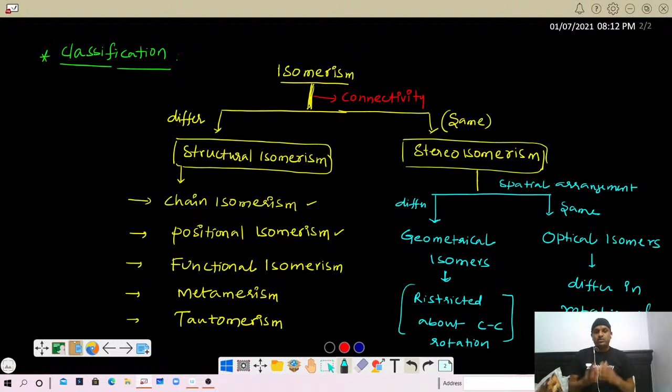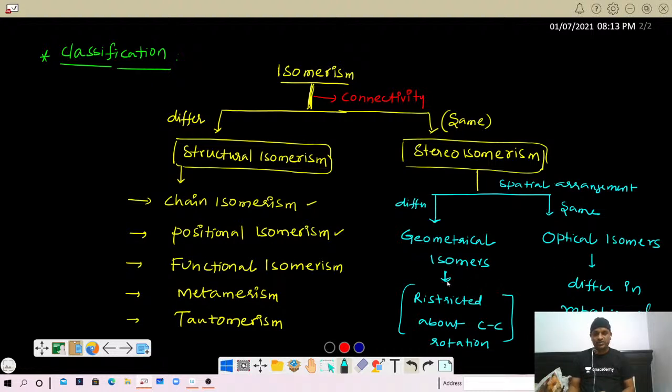Alright. So if you look at isomerism, isomers are divided mainly into two types, structural isomers and stereoisomers. Structural isomers are further classified into chain isomers, positional isomers, functional isomers, metamers, and tautomers. Stereoisomers are further classified as geometrical isomers and optical isomers.